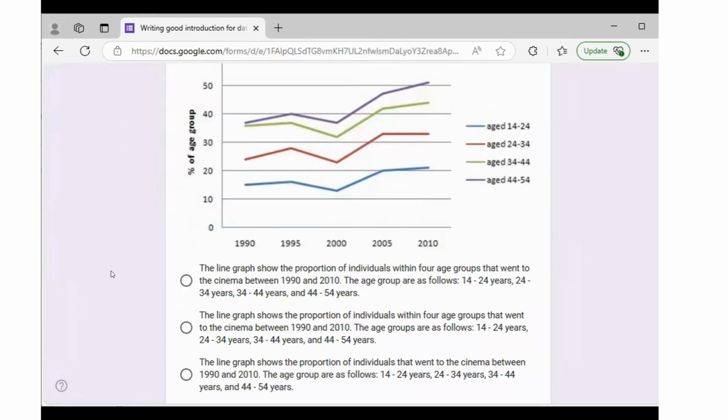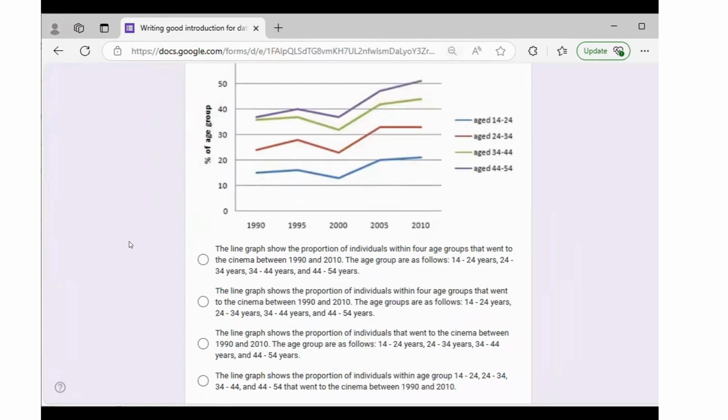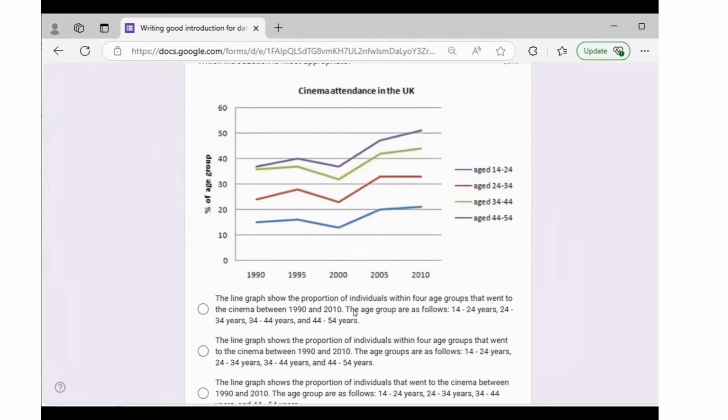The first option, option A, says the line graph shows the proportion of individuals within 4 age groups that went to cinema between 1990 and 2010. The proportion of individuals, yes, that's right. Percentage, proportion, yes. Within 4 age groups, yes, there are 4 age groups: 14 to 24, 24 to 34, 34 to 44, 44 to 54.